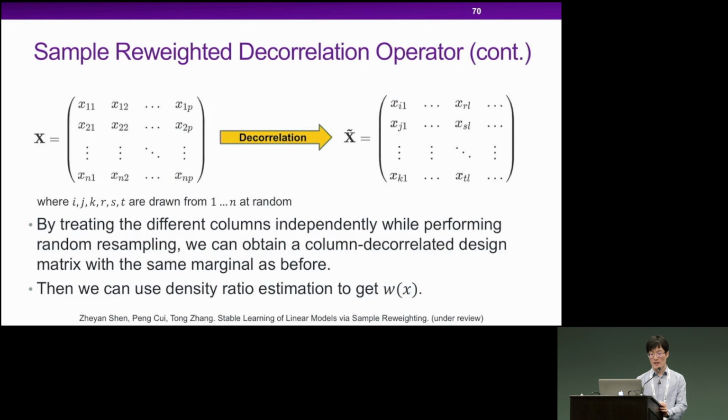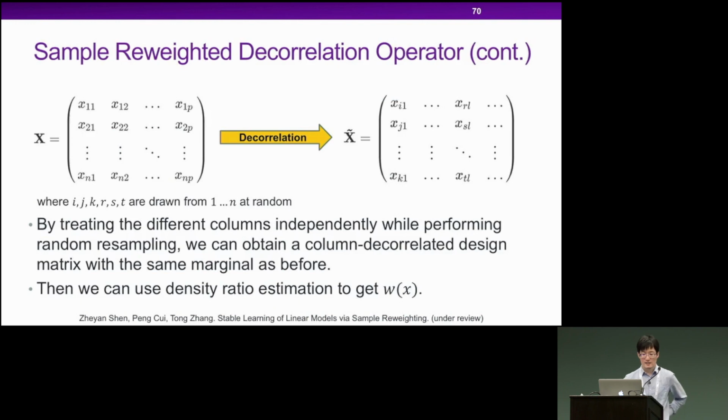Then we can just use the density ratio estimation to get the WX. That means we have the target distribution, we have the original distribution, then how can we weight the original samples so that they can approximate the target distribution? Of course, a very straightforward way is just to do the density ratio estimation.